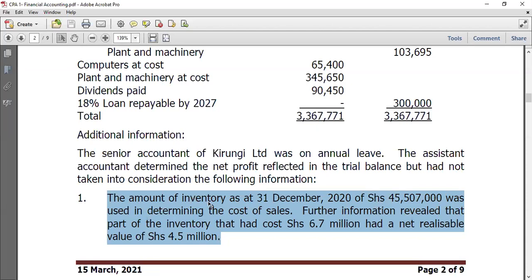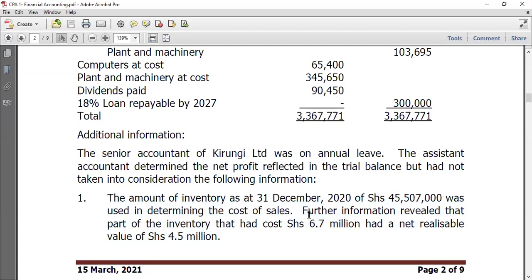They say that the amount of inventory at 31st December, of shillings 45,507,000, was used in determining the cost of sales. Further information revealed that part of the inventory had a cost of 6.7 million, and a net realizable value of 4.5 million.